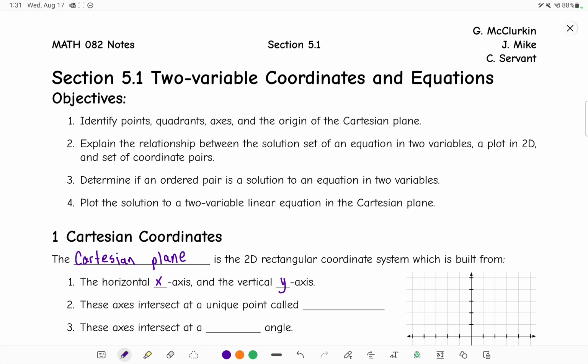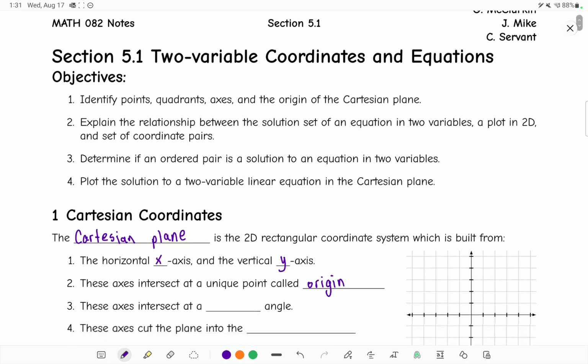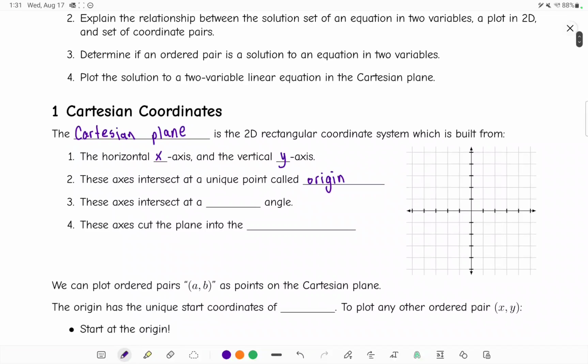These axes intersect at a unique point called the origin. These axes intersect at a right angle, and these axes cut the plane into 4 quadrants.